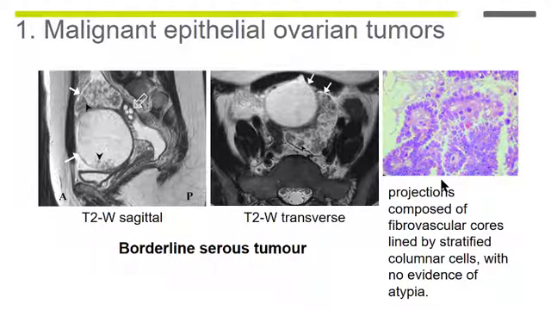An important category not to miss here is the borderline tumors, and the reason these are slightly different is that they're probably less invasive and therefore require less aggressive treatment.